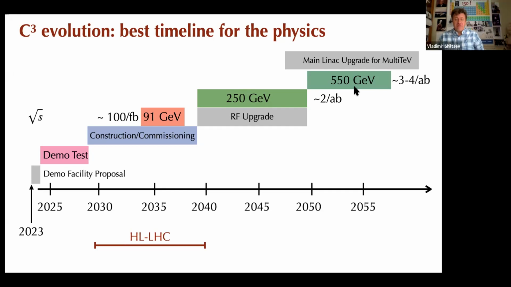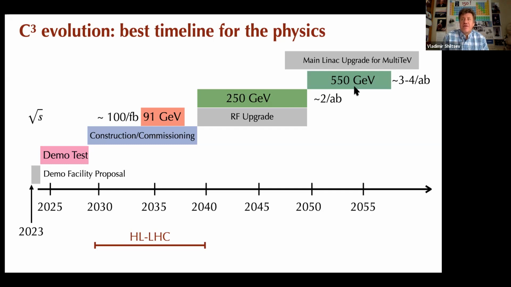Emilio? Yeah, if I may, I have a couple of questions. One is this demo test, which presumably can be done essentially now, right? Yes, we can start thinking about it now. Can it be an extension of the original LCLS, which is a warm LINAC, single pulse, single bunch?